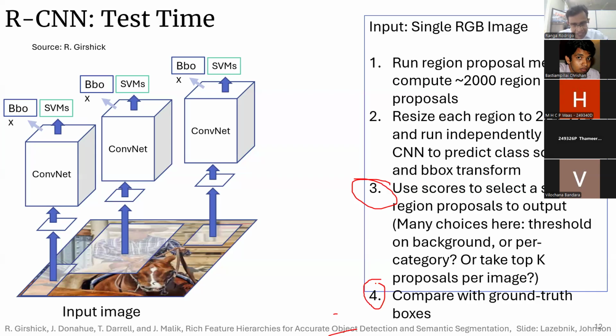What will an object detection data set look like? For each image, you will have multiple of these 5 numbers and class labels. For each of the objects that are there in the image, you should have the 4 numbers and the class: xy, width and height, and the class; xy, width and height, and the class.